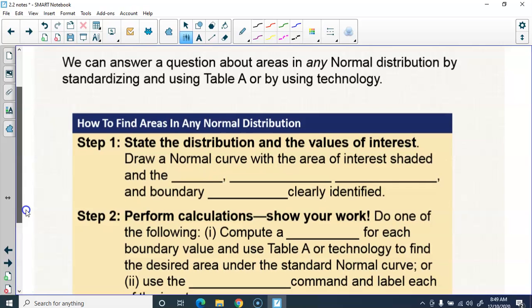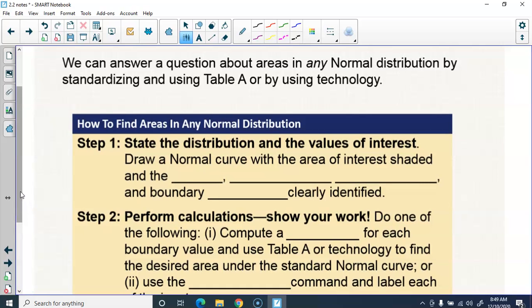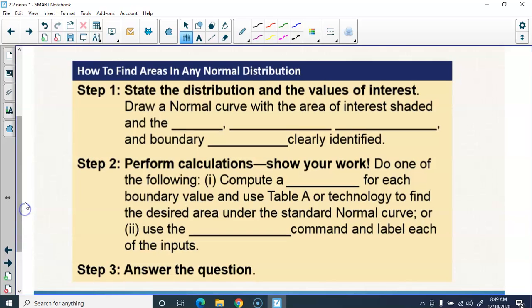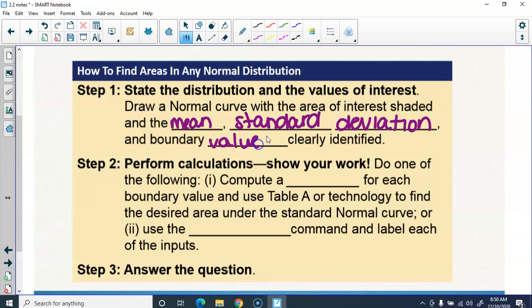We can answer a question about areas in any normal distribution using table A or by technology. So again, I don't have access to a graphing calculator on my computer, the one that I'm using. So I'll be sticking to the table for our information. State the distribution and values of interest, drawing a normal curve and shading with the mean, standard deviation, and boundary value or values clearly identified.